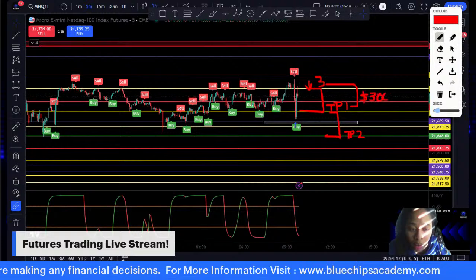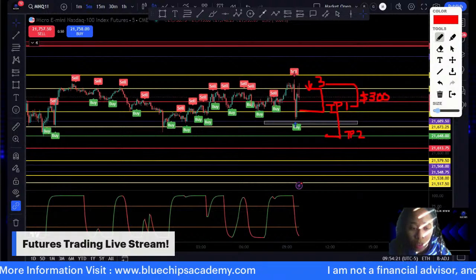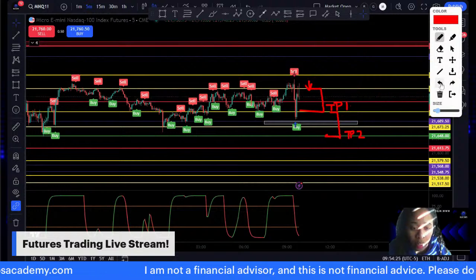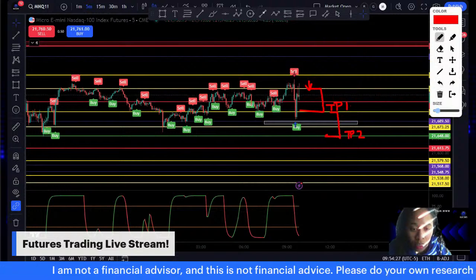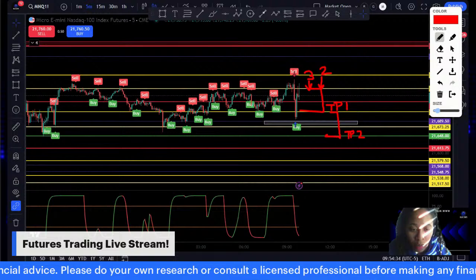Because both of the positions are starting here, position 1 is 3 contracts, position 2 is 2 contracts, and they're both starting around this area right here.